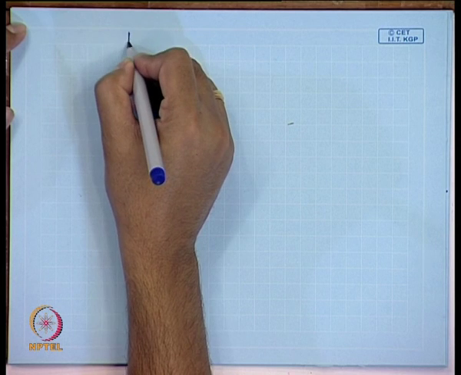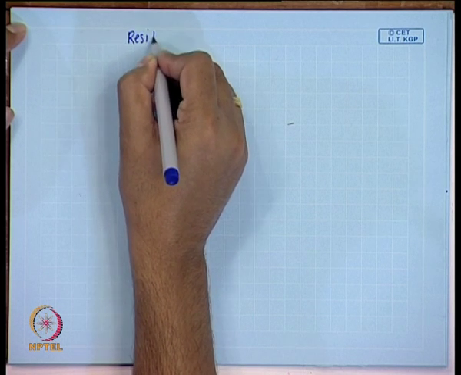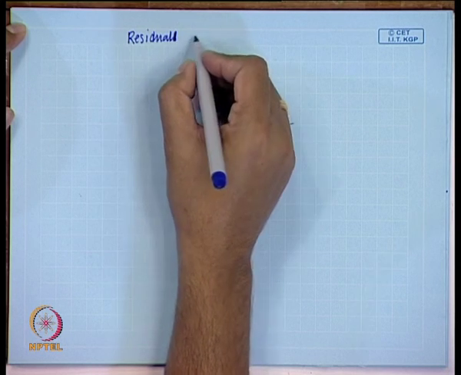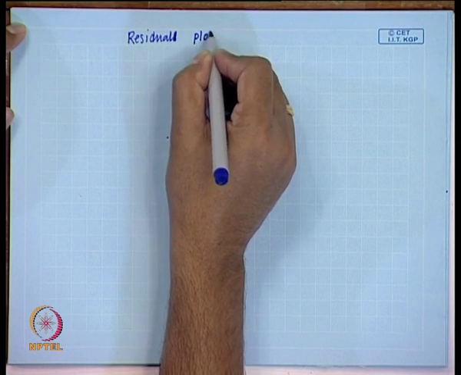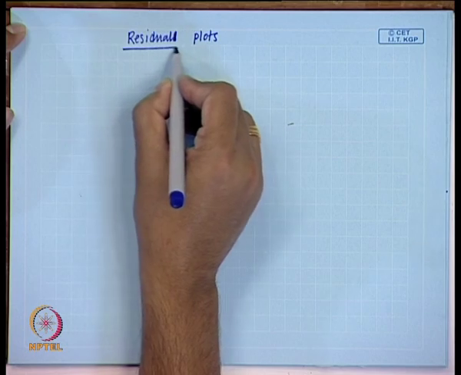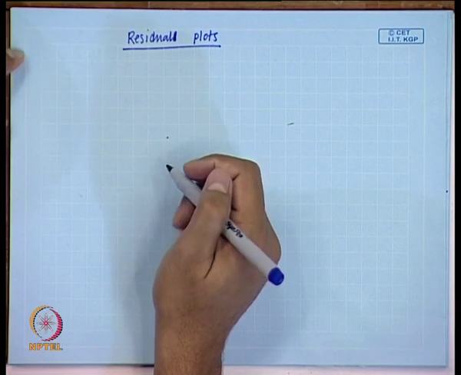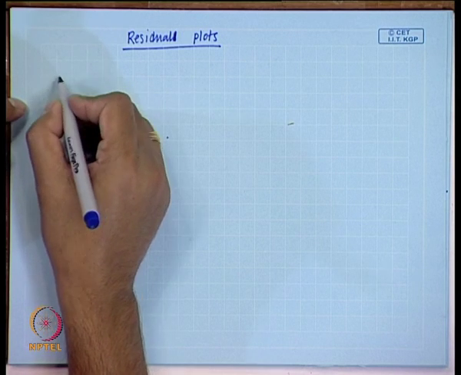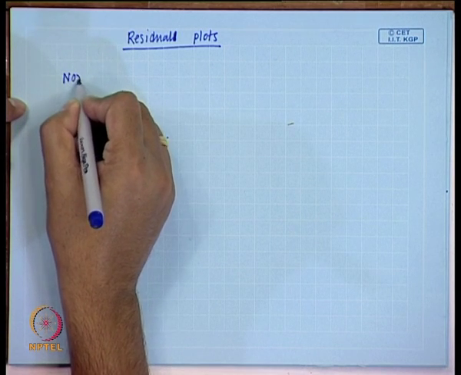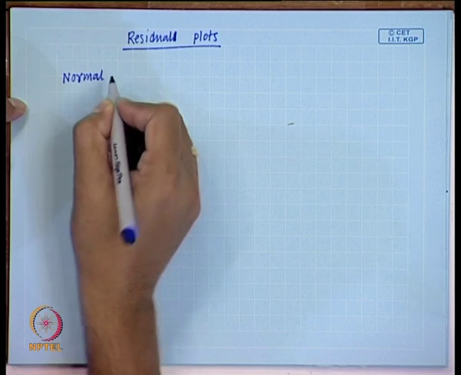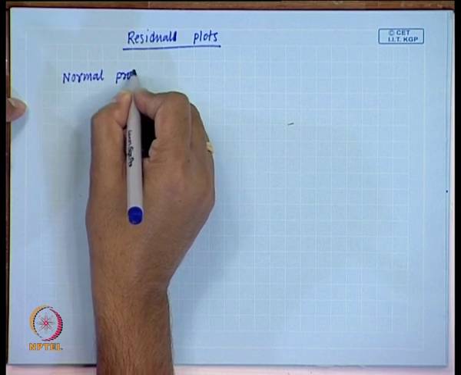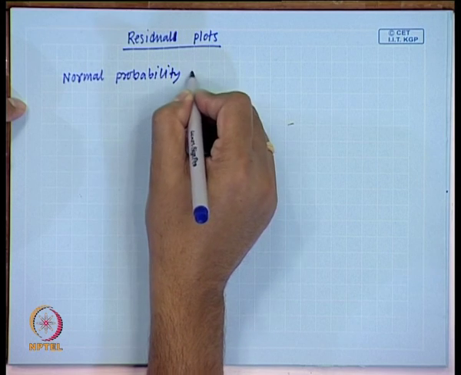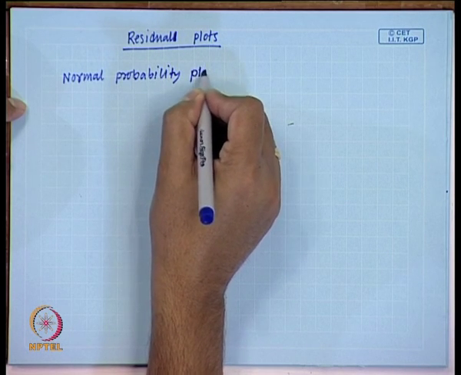So, first we will be talking about the normal probability plot.